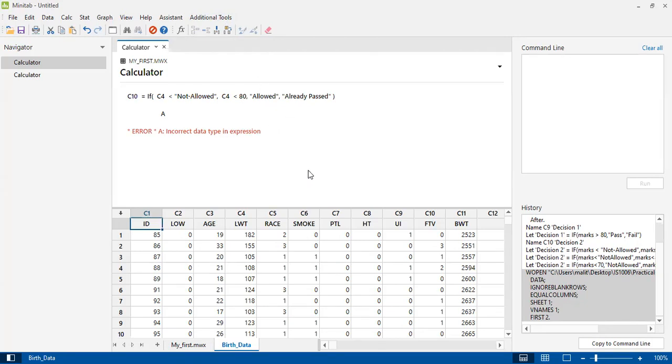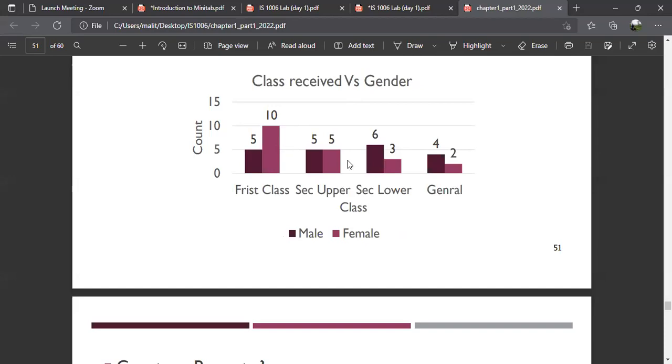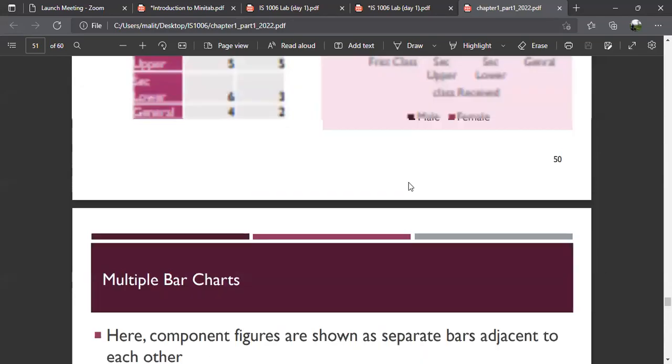Let me open the madam's note. I think it's better. Give me a second. I hope you all can see the screen.